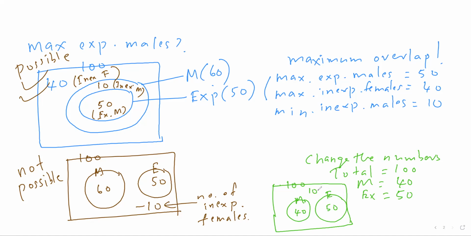So that means the number of inexperienced females is 10, but all the other females are experienced, and all the experienced ones are females, and all the males are inexperienced in this case.